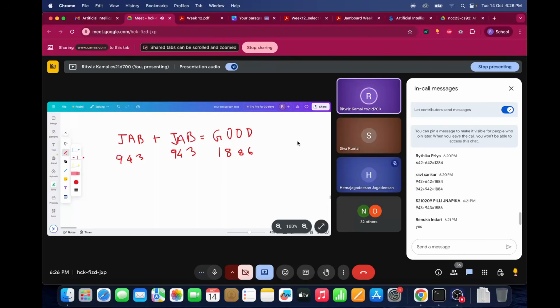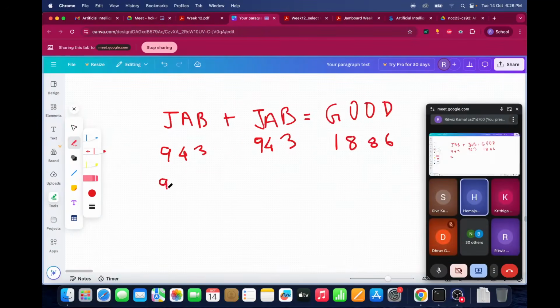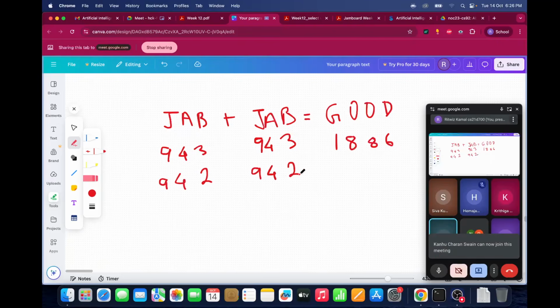What will that give us? 1884. But we are assigning A to be 4 and also D to be 4.